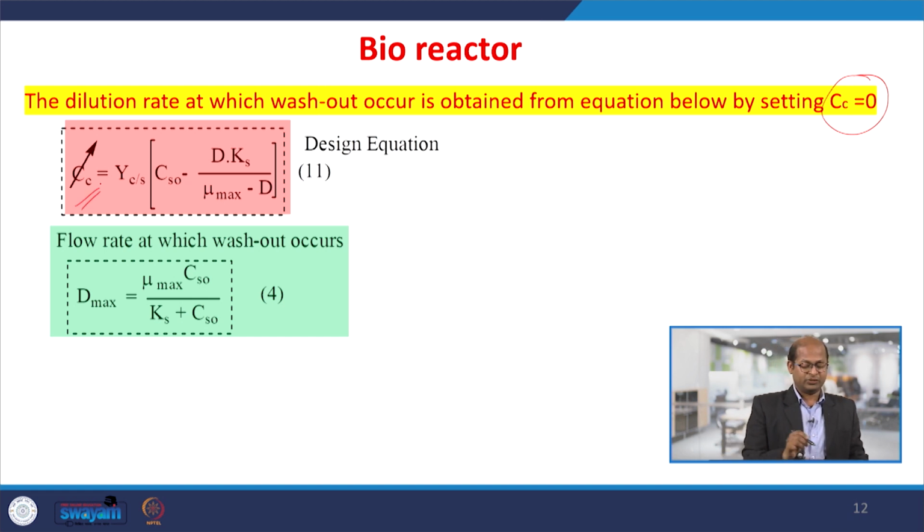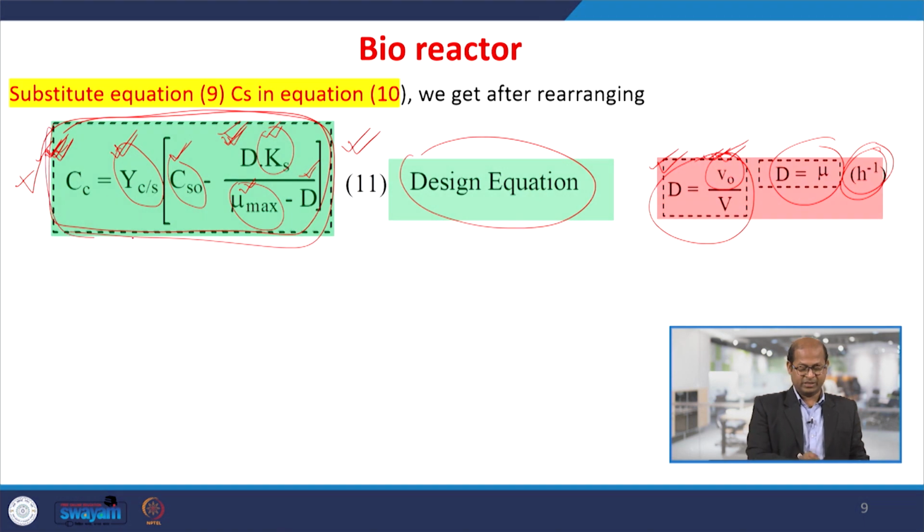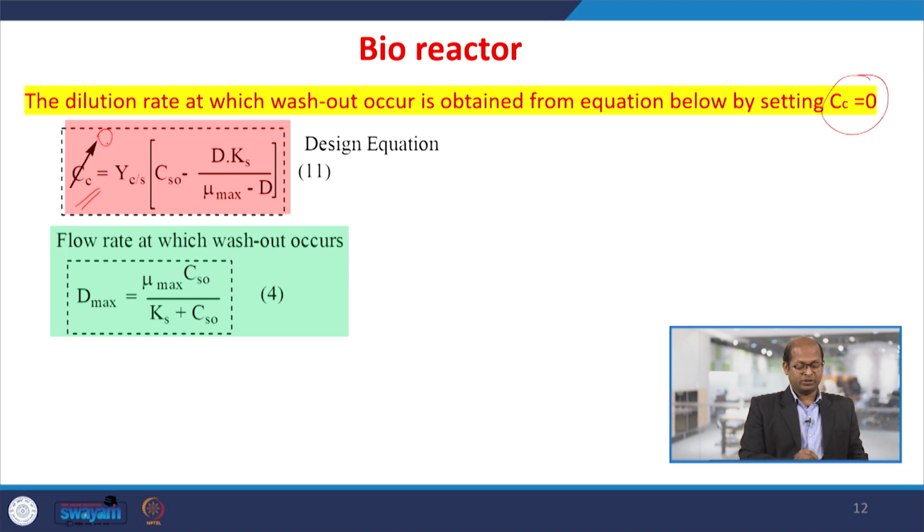So, when would the cell concentration be 0? From equation 11, which we discussed, we have the cell concentration at any time. When this Cc value is 0, after rearranging we get D max equals mu max into Cs0 by (Ks plus Cs0). Cs0 is the initial substrate concentration, and mu max and Ks are the Monod equation constants.